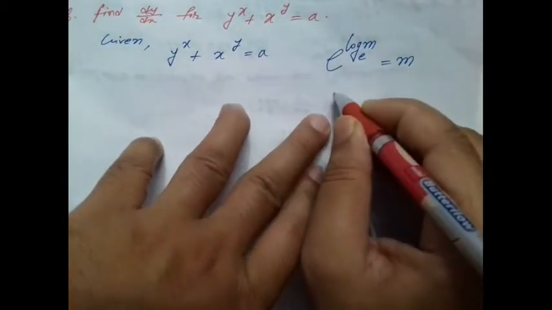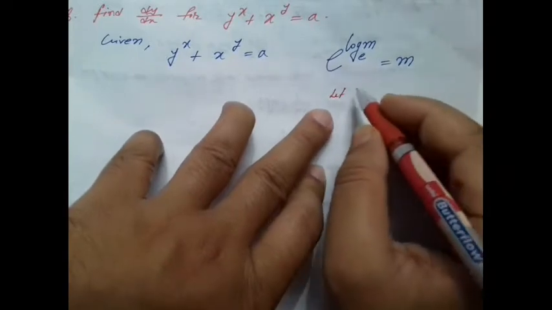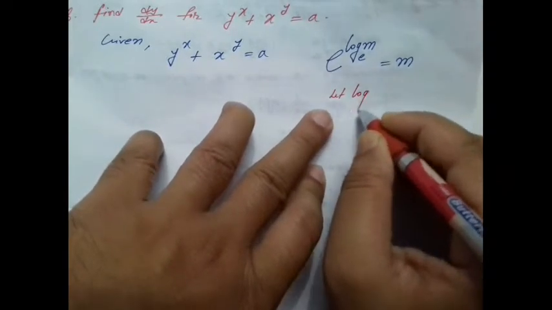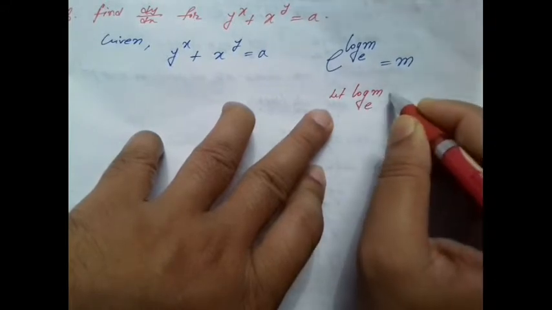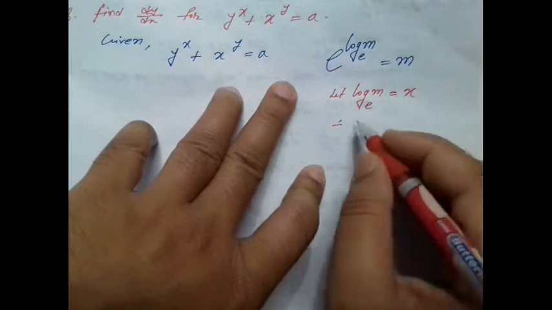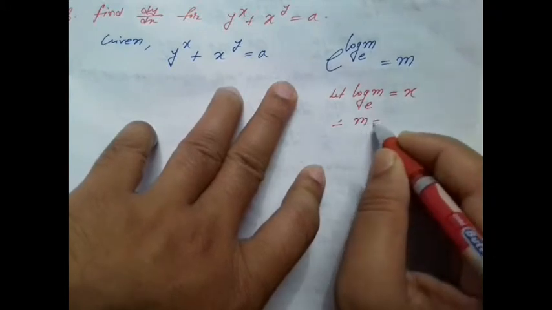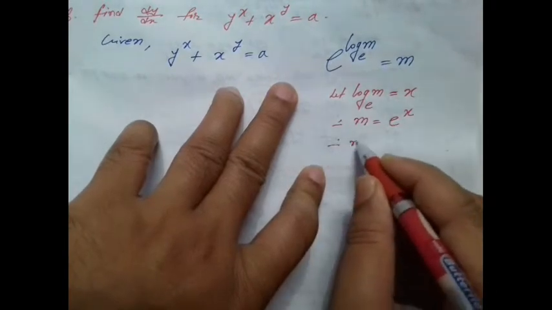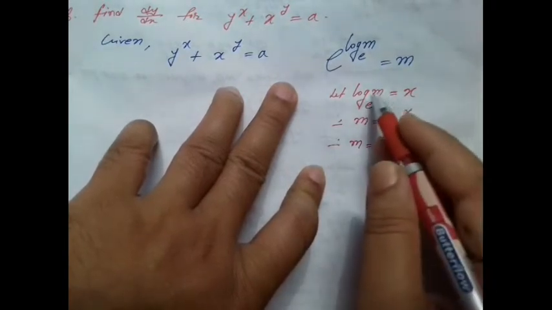Okay, how to prove? Let log m to the base e equals x. From the definition of log, then we can write m equals e to the power x. Therefore m equals e to the power, what is the value of x?